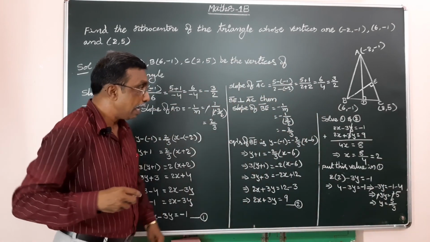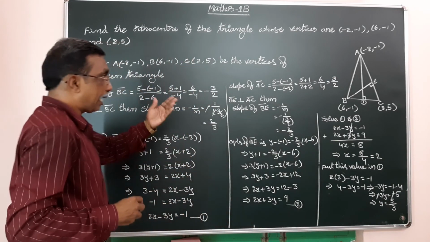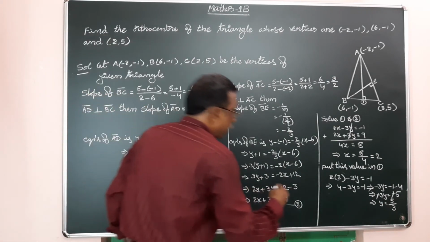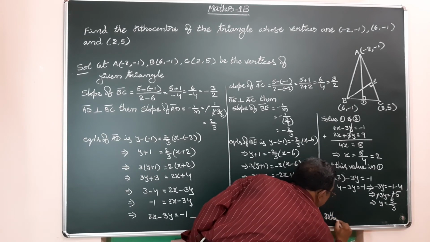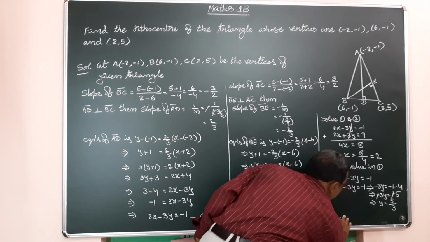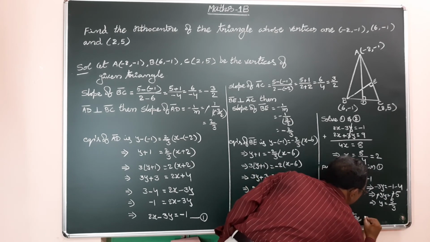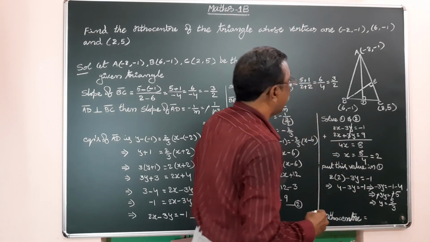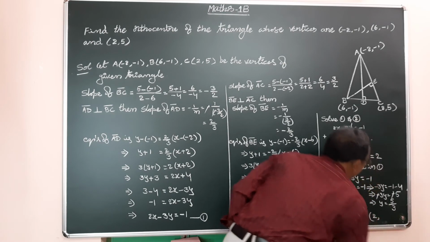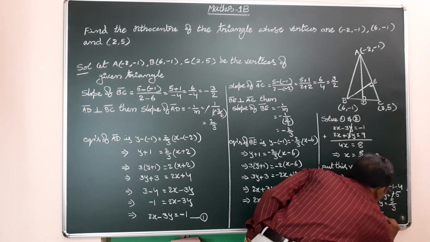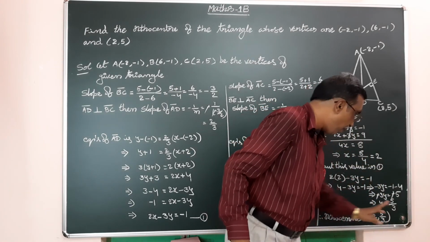Here x equals 2, y equals 5 by 3. X, y, that is the orthocenter. Therefore, orthocenter of the triangle: x value is 2, y value is 5 by 3.